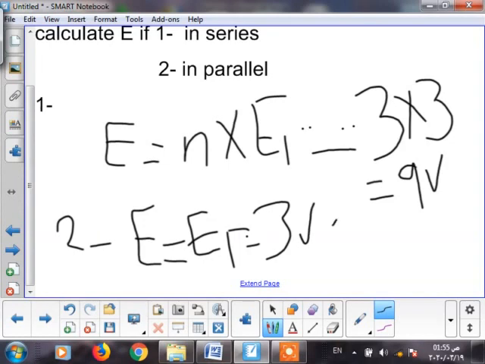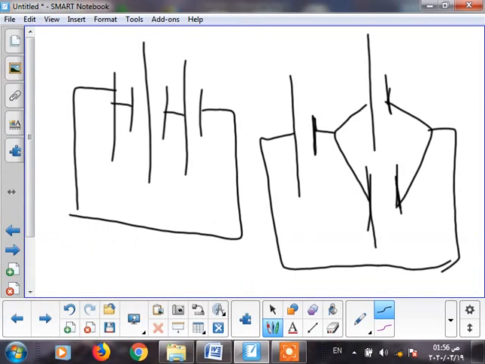Another problem. Calculate the EMF in these circuits if the EMF for the dry cell equals 1.5. What is the way of connection here? The negative was positive, negative was positive, negative was positive. So here it's series connection. Each one was 1.5.